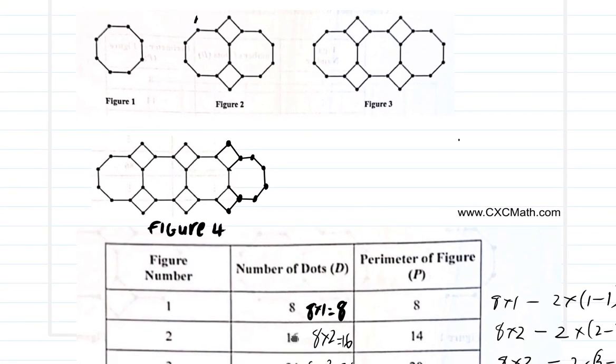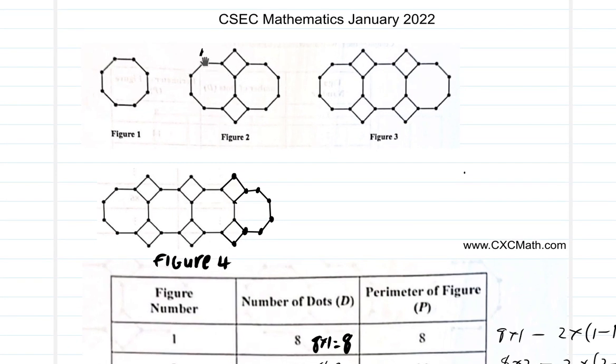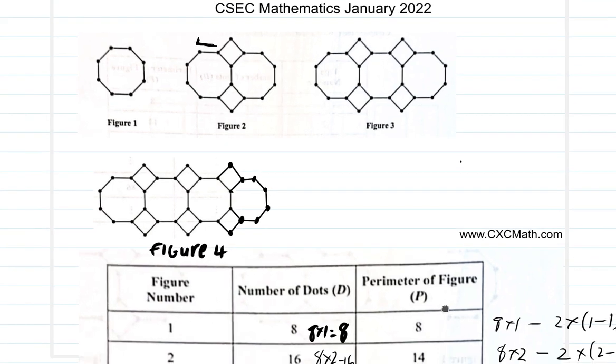So we have 16 dots as seen here. Perimeter. So we're starting with this. We counted this distance already. So that's 1, 2, 3, 4, 5, 6, 7, 8, 9, 10, 11, 12, 13, 14. So the perimeter is 14.